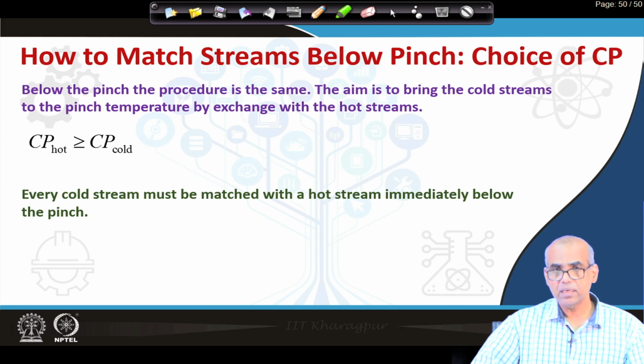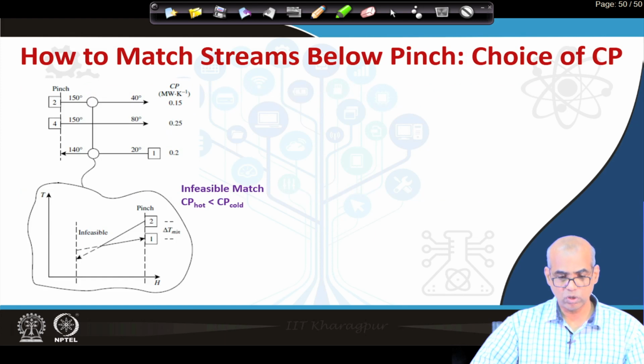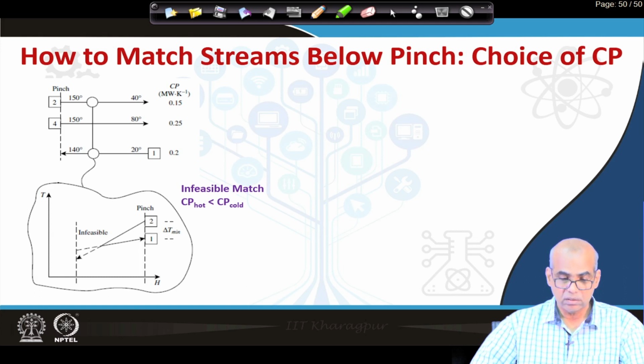It is by the same consideration that we did for matching streams in the region above the pinch. Here also every cold stream must be matched with a hot stream immediately below the pinch. So, this schematic will again explain why Cp hot should be greater than or equal to Cp cold.